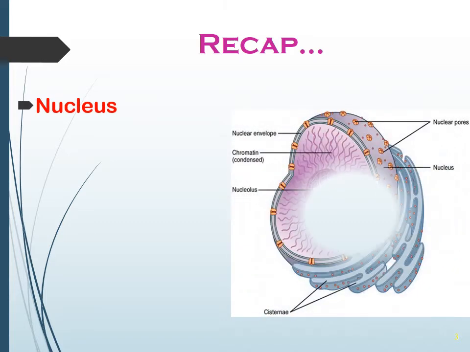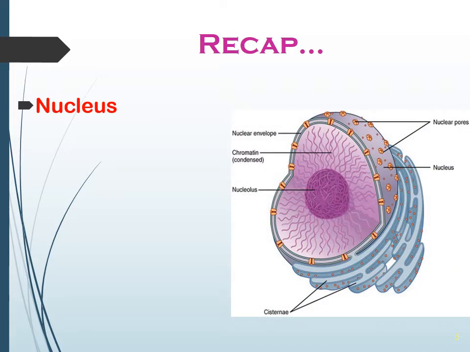Before going ahead, I would like to revise or recap a few things which we have discussed in grade 9. Number 1 is nucleus. Students, you know this is the most important cell organelle located at the center of the cell, and it controls all the activities of a cell.